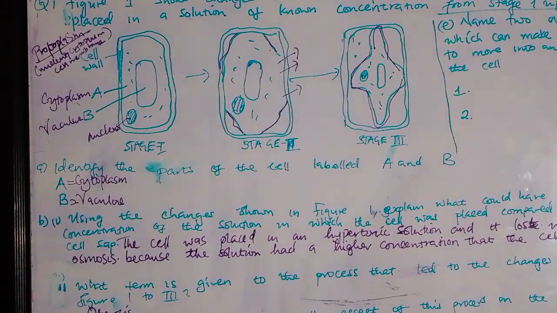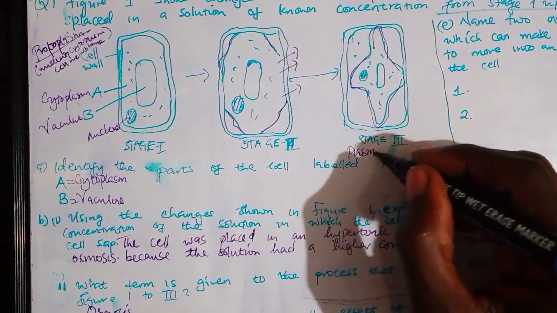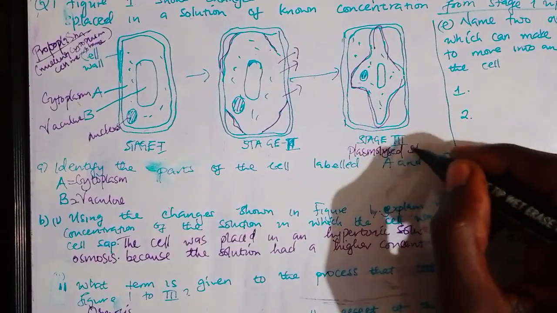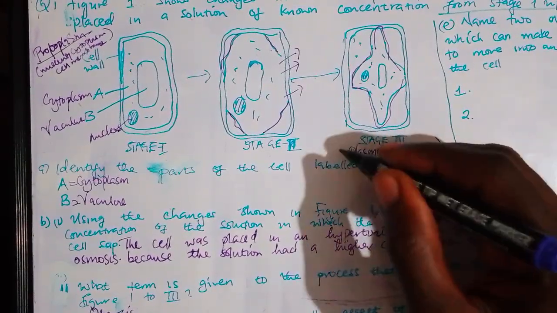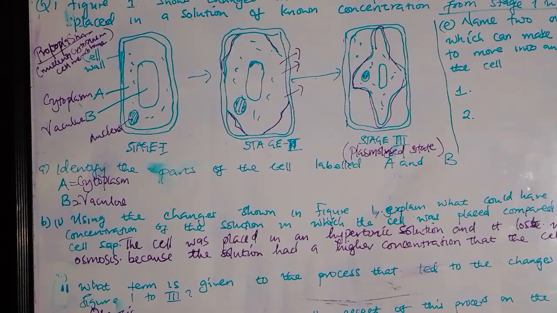Stage 3, where the cell has become small, is known as a plasmolyzed state. So what do we mean when we say a plasmolyzed state?